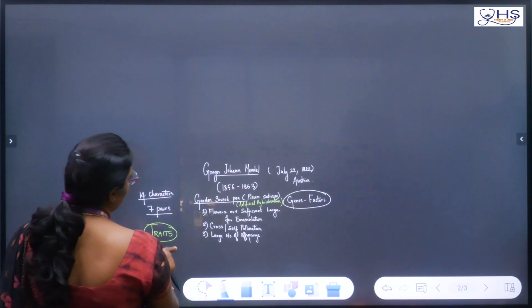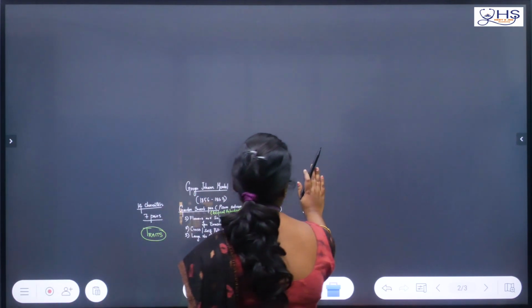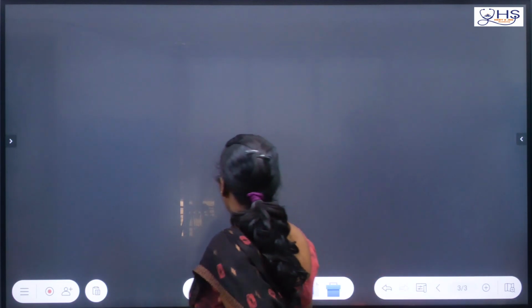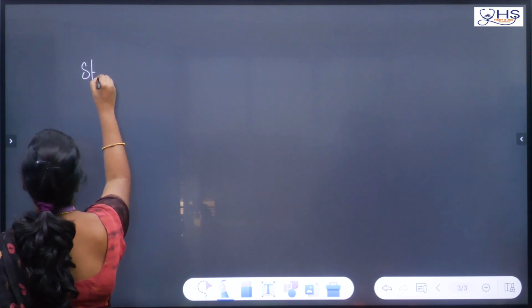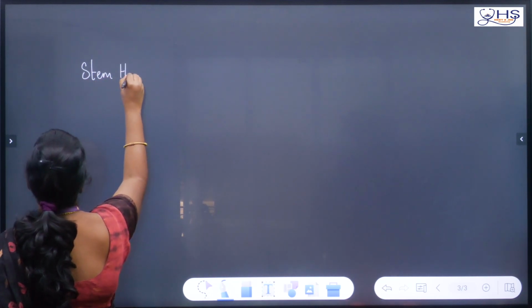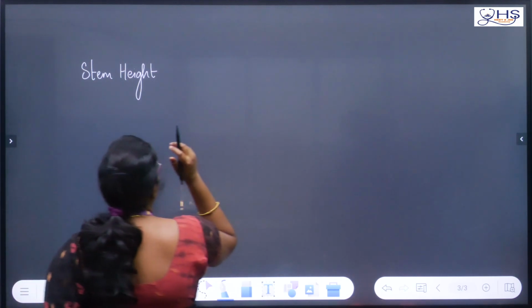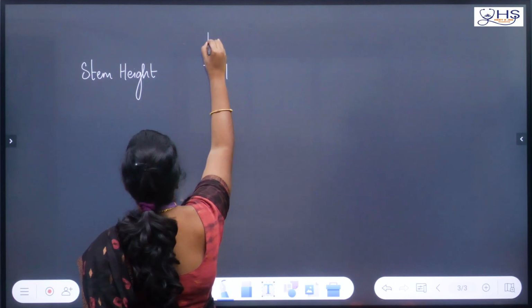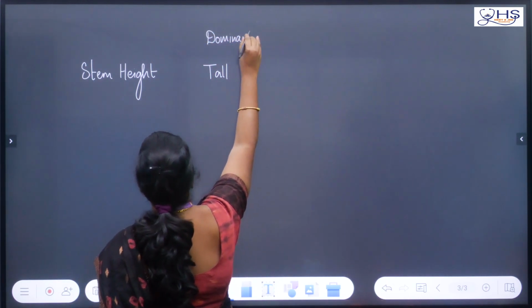Okay, first is the height of the stem. What is the first character? Height of the stem. If it is tall, the tall character is considered to be dominant. Tall is considered to be dominant.